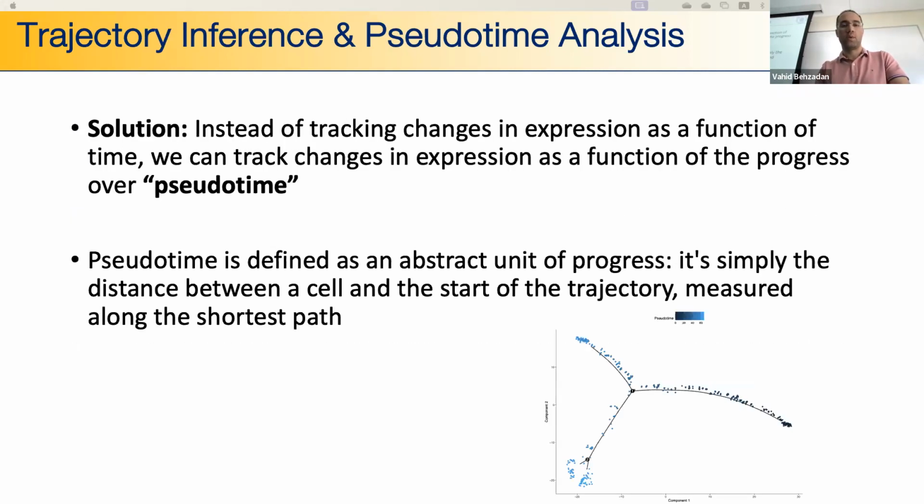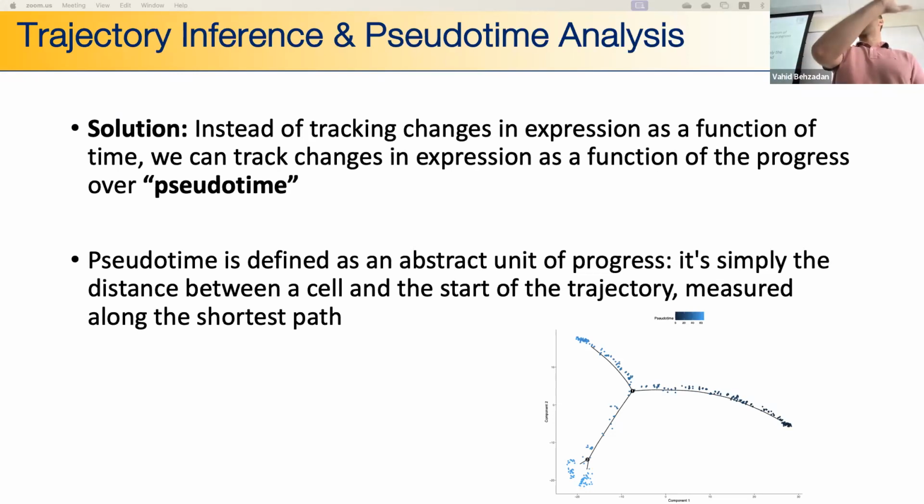So what we do is something like this. We collect the data at different times, but we rearrange the cells based on their progress or differentiation, not based on the actual time. And how do we know that? It's again based on the differential gene expression. We select specific genes that describe the progression over time, and then we rearrange the cells based on the amount of expression of these genes.